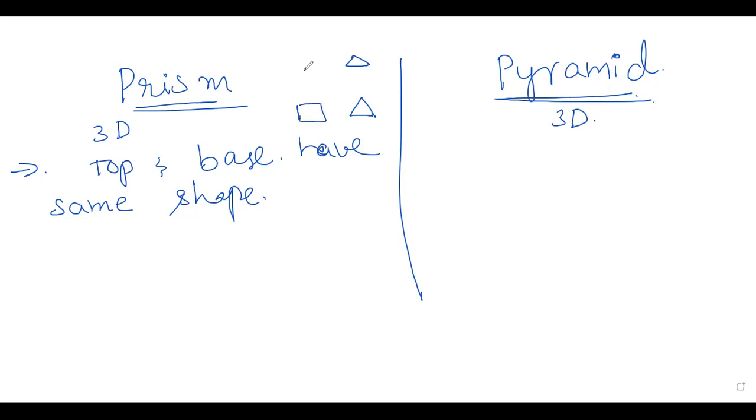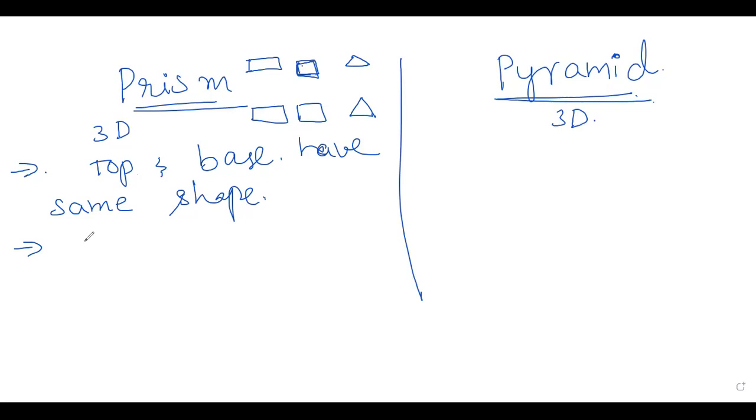If it is square, so on top also there will be a square face. Okay. So if it is rectangle, this is also rectangle. Like this, top and base have the same shape.